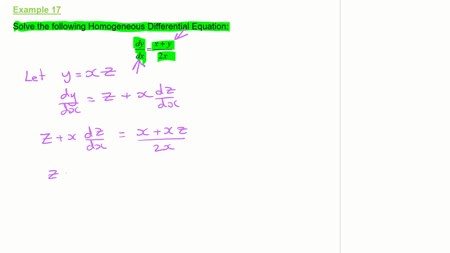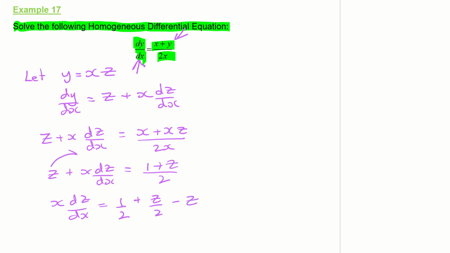And that gives us z plus x dz/dx is equal to (1 plus z) over 2. And so x dz/dx would be equal to a half plus z over 2, take away z, that being the z from here going on to the other side.